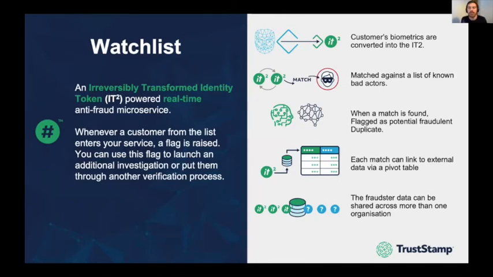The fraudster's data, or their IT2, can then be shared across multiple organizations without the risk of breaching GDPR or any data privacy regulations, because once we've tokenized that data, it's no longer deemed sensitive information. We can do this in real time, which creates the ability for a shared biometric fraud network. Additionally, we can query these tokens using zero knowledge proofs to extract binary yes or no answers.